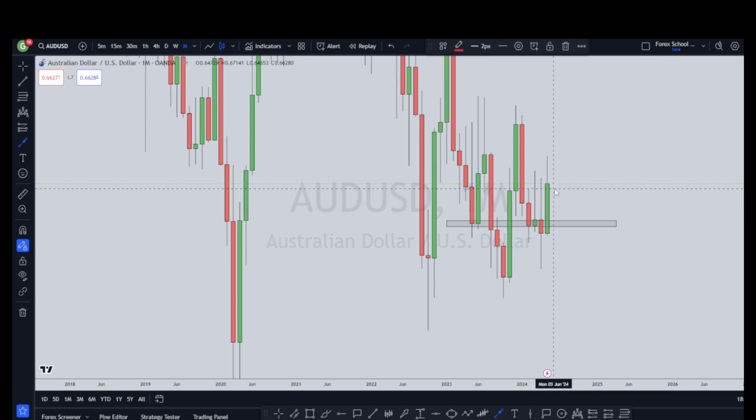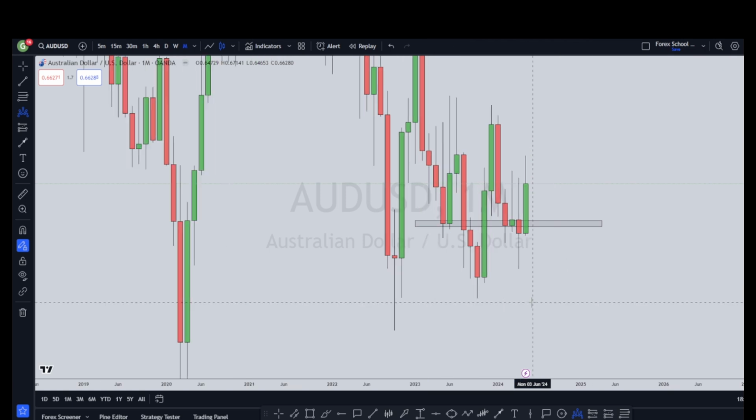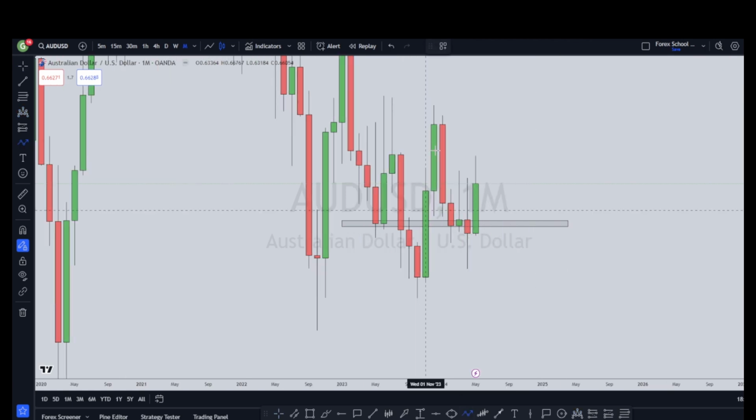Now, as the month is racing to a close, once it closes the way we see it in the next about 5-6 days, we will have a full formation. We will have a formation of a head and shoulders pattern. But that aside, we will be having this W formation come to near completion.